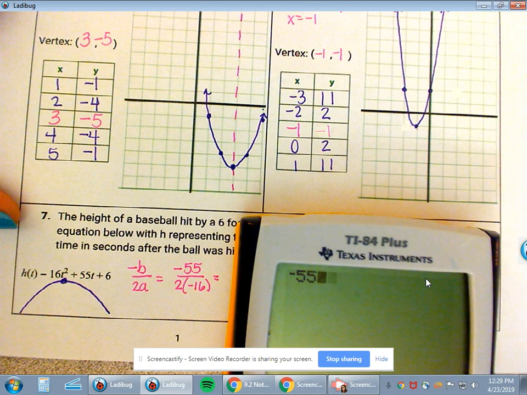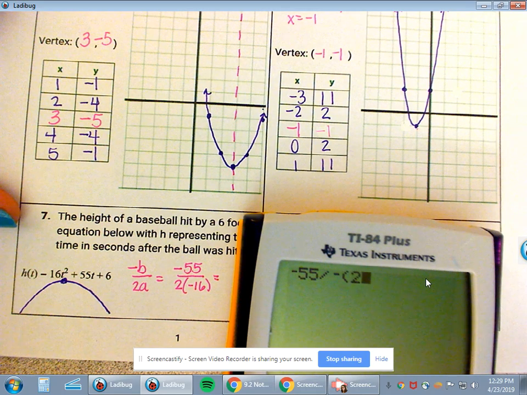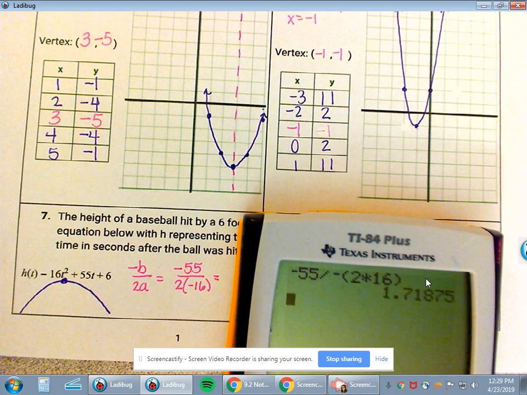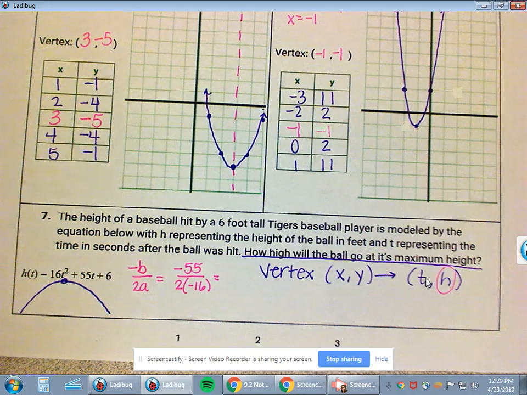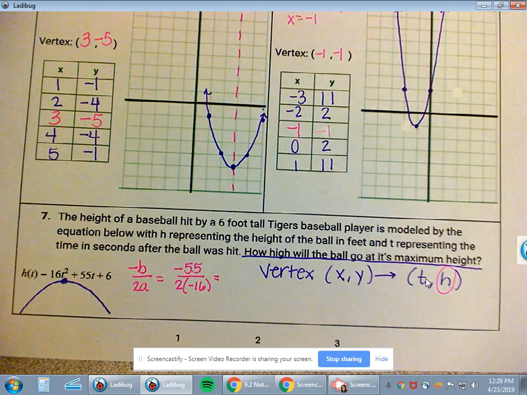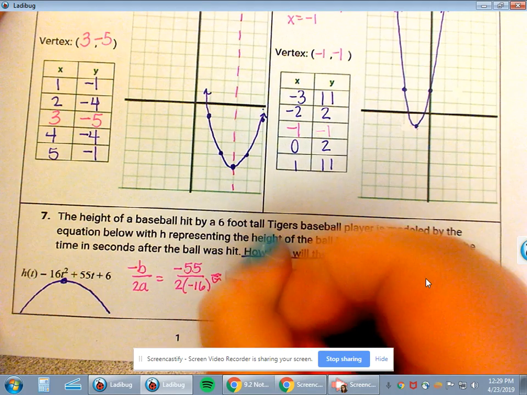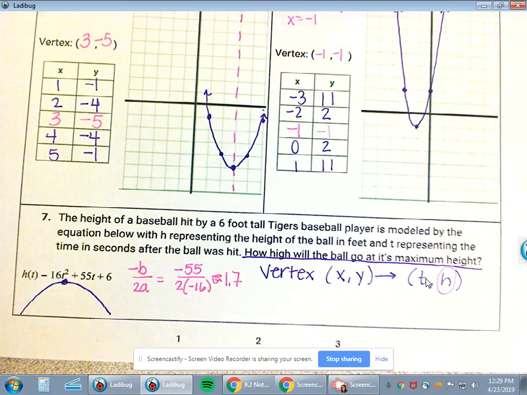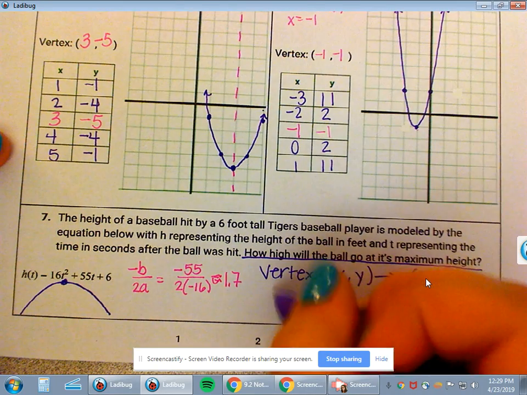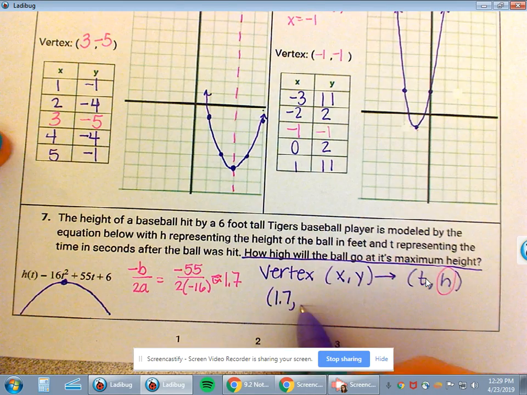We've got negative 55 divided by negative 2 times 16. So we have about 1.7 here. So approximately 1.7.